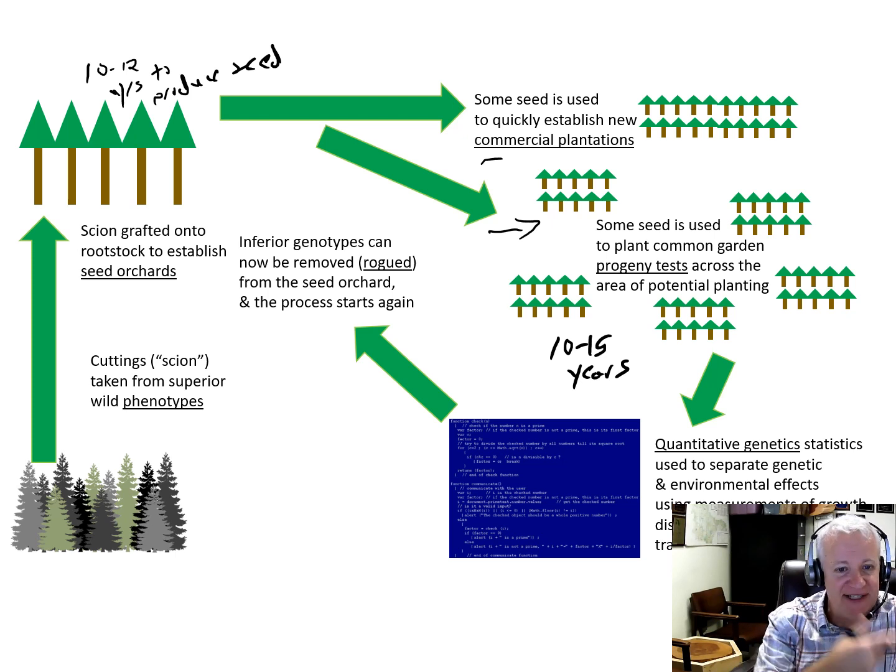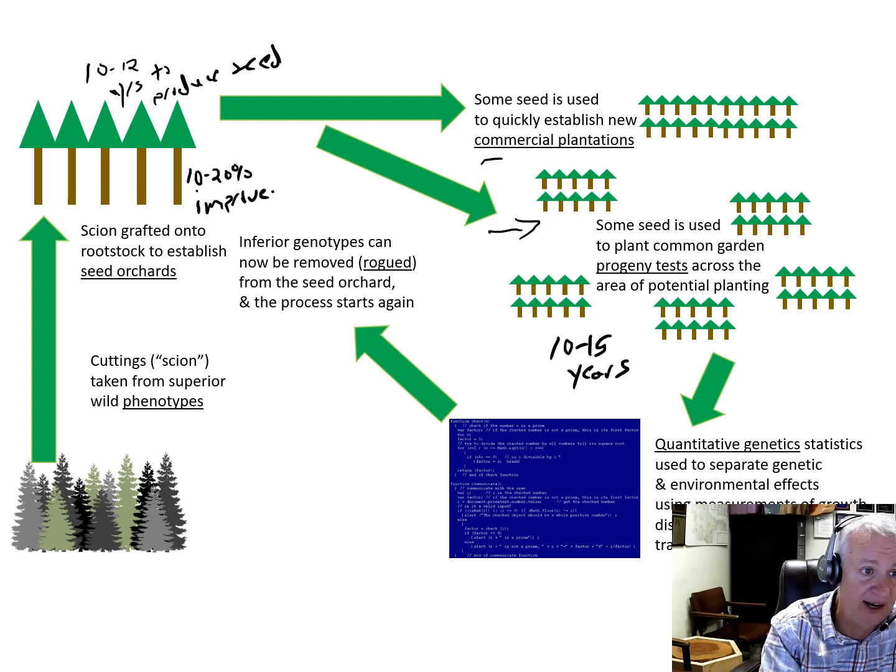So once I meant to mention, once that roguing occurs, once you remove inferior individuals from the population, that prevents pollen contamination of the material in the seed orchard because you've removed that inferior pollen from that seed orchard. And at that stage, you might have, in the neighborhood of a 10 to 20% improvement relative to wild or unimproved.